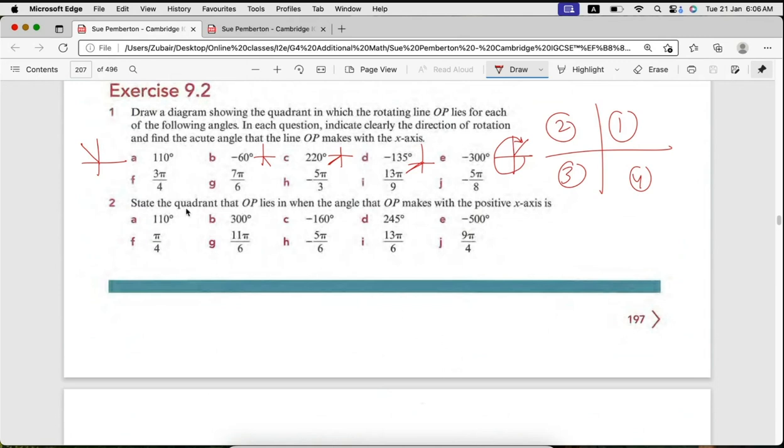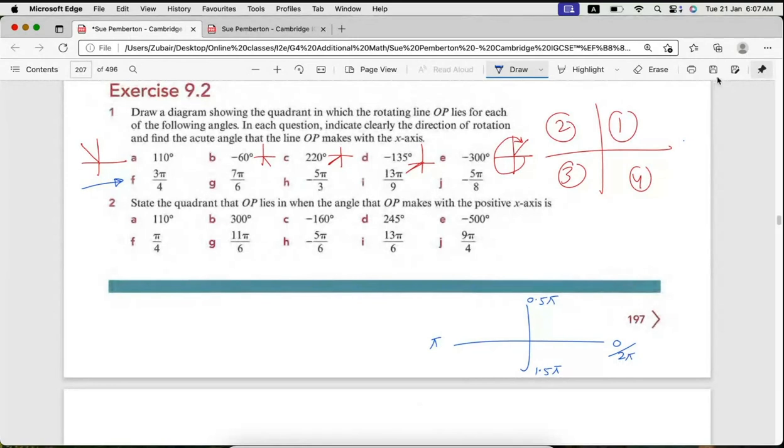And similarly for radians, one would just need some practice because usually we don't see them too much around. So 3 by 4 pi, sometimes I do have to convert it for myself, but I'm just trying to stay in radians. I would know that this is 0, this is 0.5 pi, this is 1 pi, this is 1.5 pi, this is 2 pi.